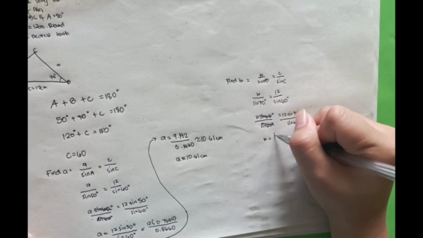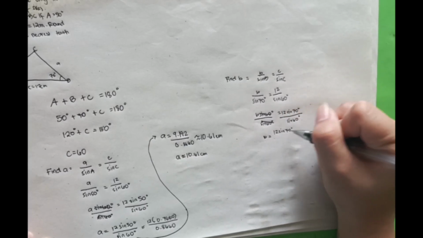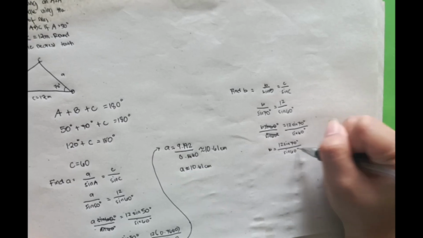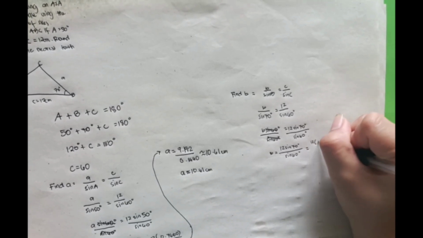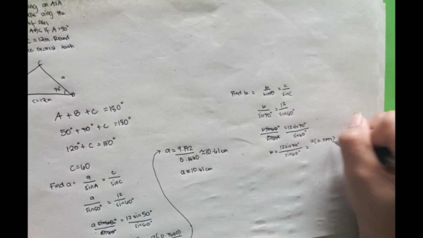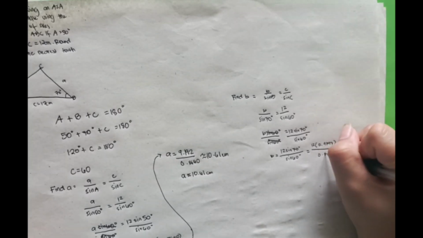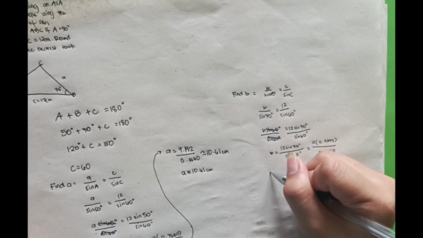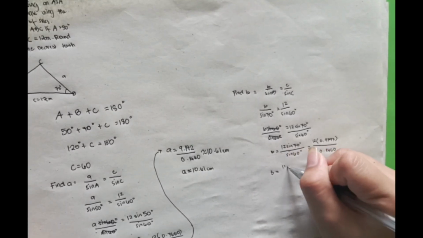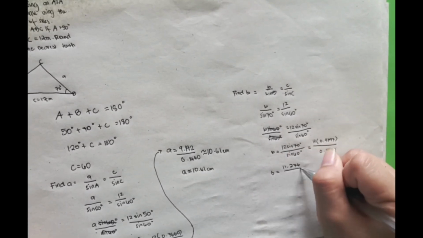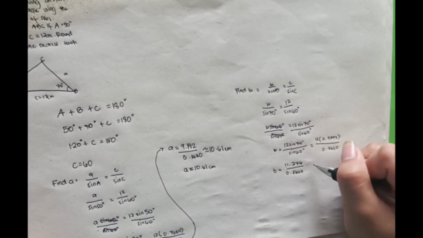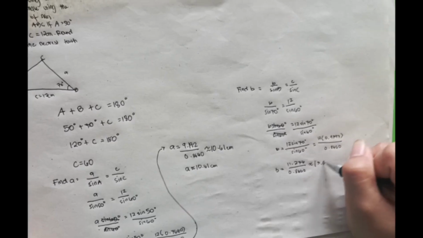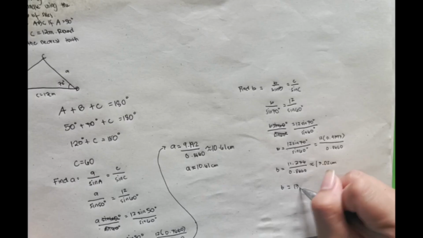Next, we simplify and solve for side B. Therefore, side B is approximately equal to 13.02 centimeters.